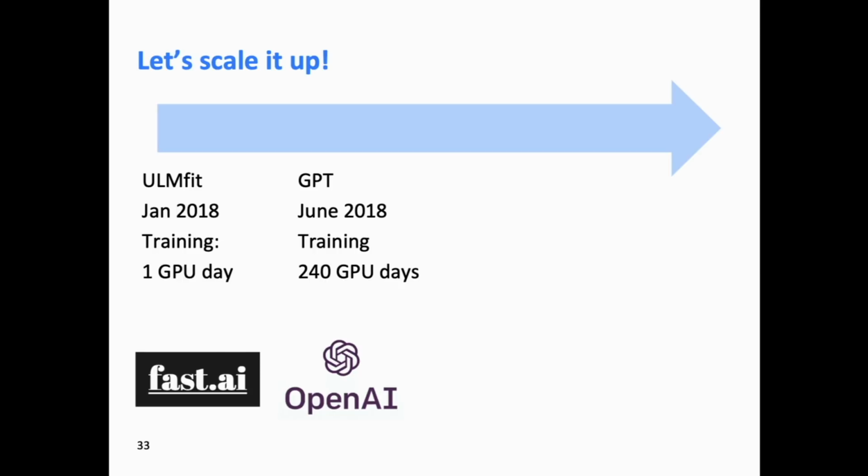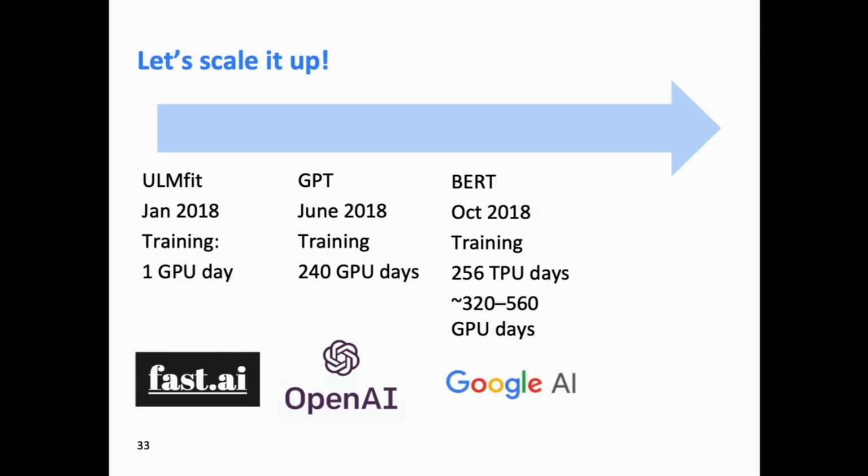And it did. And then the people at Google said, well, we could train a model in 256 TPU days, which means maybe about double the amount of computation. It's hard to figure out exactly. And that might be able to do exciting things. And that was the BERT model, and it did.